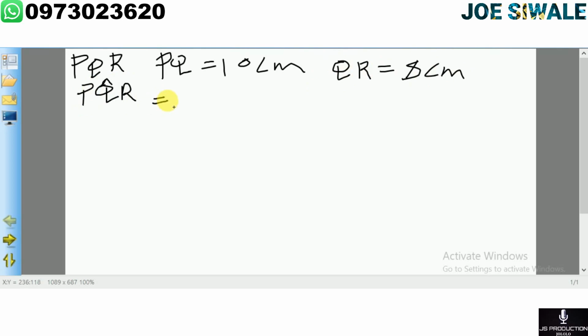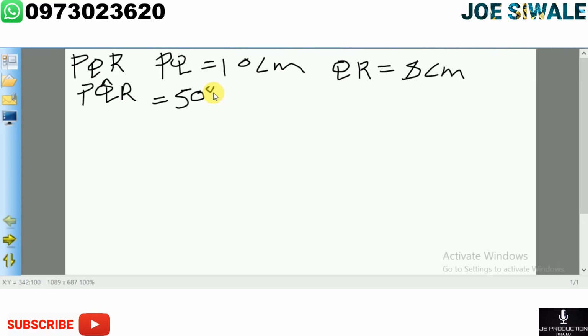The question says that I need to construct triangle PQR, and this is 1 mark.